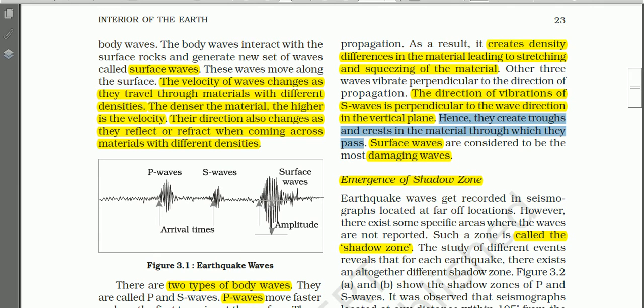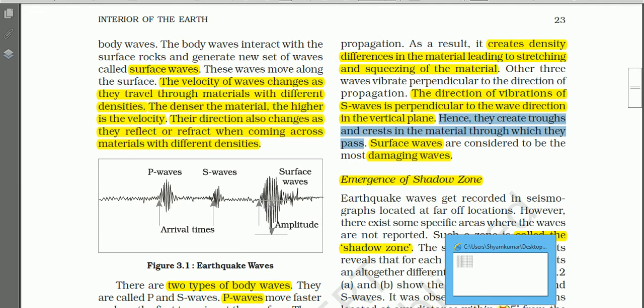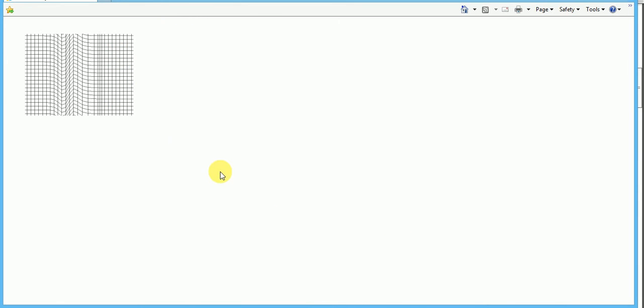And I will show you one more, an animated GIF is given here. Do you see here in this animation, this P wave is followed by S wave.